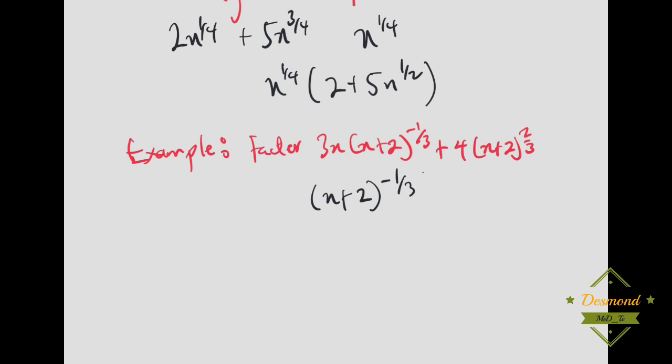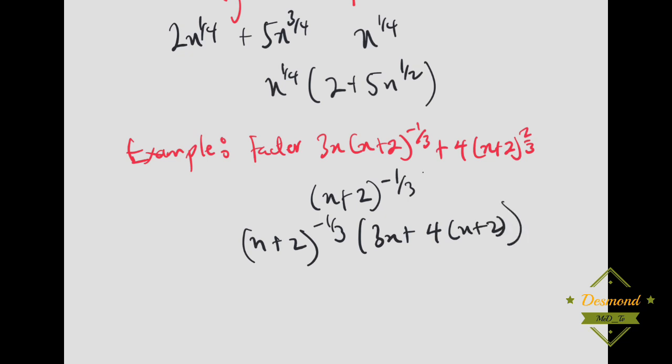When we pull it out, we get (x plus 2) exponent negative 1/3 multiplying 3x plus 4 multiplying (x plus 2). Very simple to do. Here we just factor out the lowest value of the exponent, then we simplify.